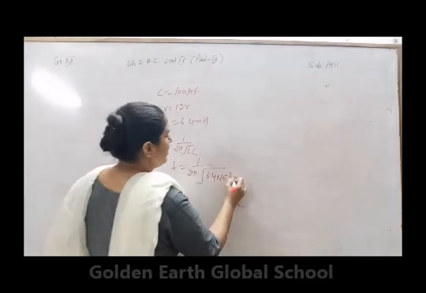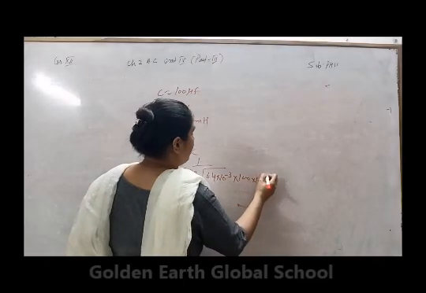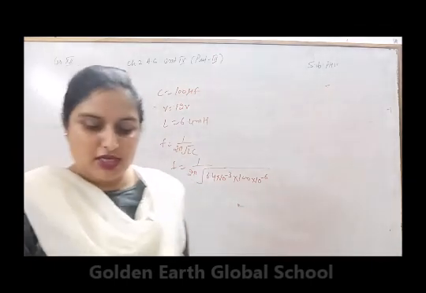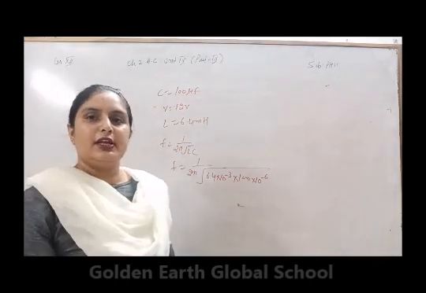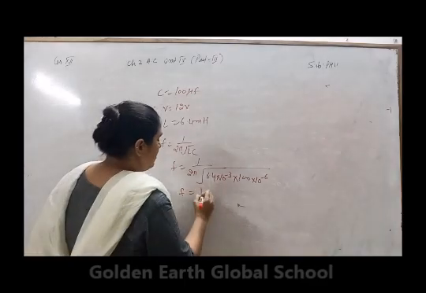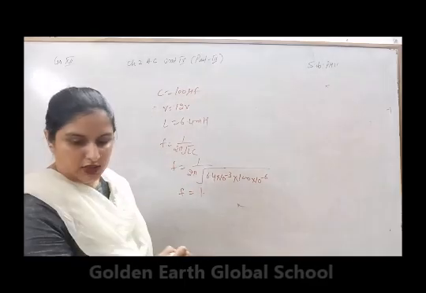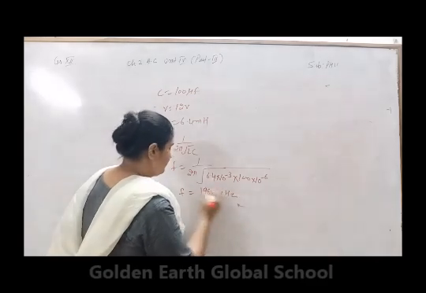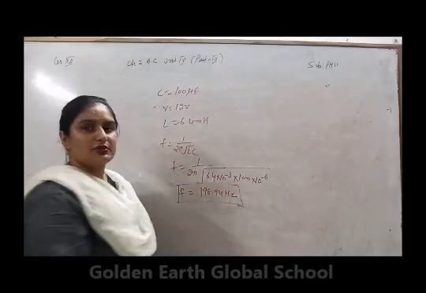C is 100 microfarad, 10 power minus 6 farad. If you make the calculations, answer will be 198.94 hertz. Frequency is 198.94 hertz. This is the answer of this question.